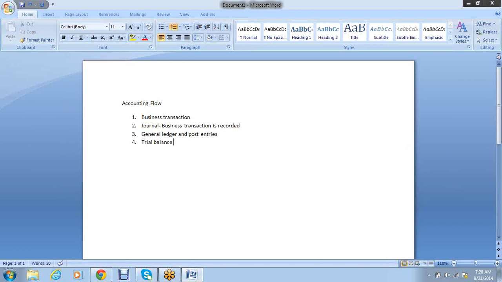From the trial balance, we prepare your P&L account, the profit and loss account, and at last your balance sheet.